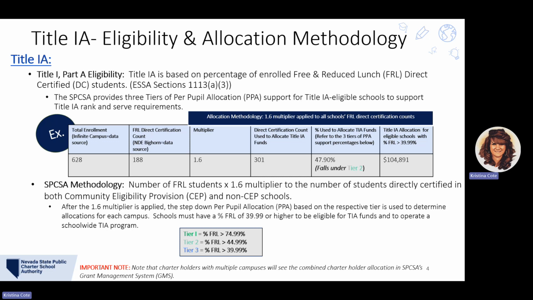From this information, the per pupil allocation is used to determine the preliminary allocation for each campus. So in our example, that equates to $104,891 based on Nevada Department of Education's preliminary total allocation for Title I-A, which was allocated to SPCSA for that particular fiscal year. Quick important note that you see at the bottom of the slide: charter holders with multiple campuses will see the combined charter holder allocation in our grants management system, GMS.